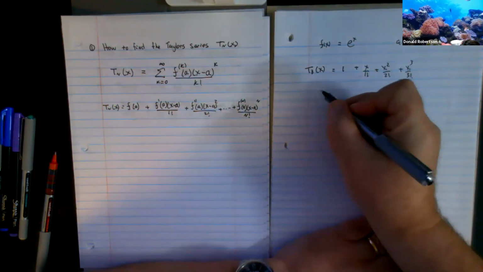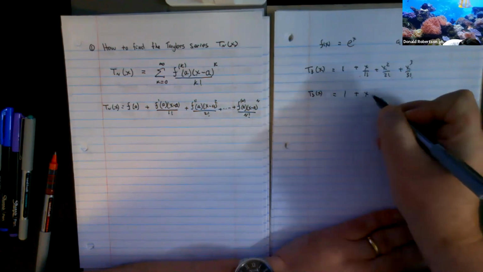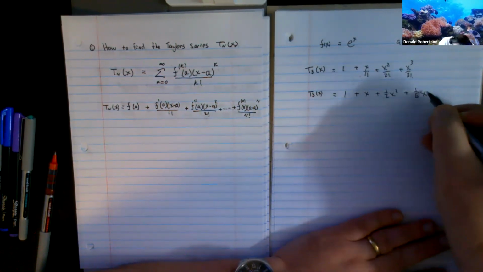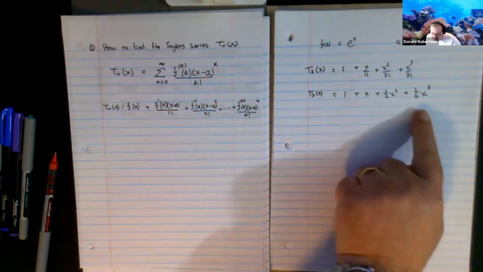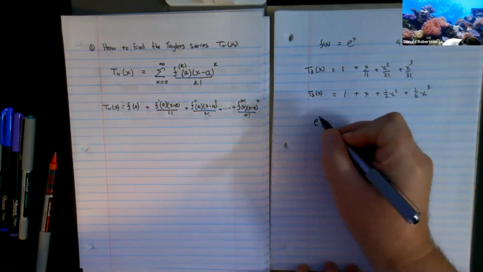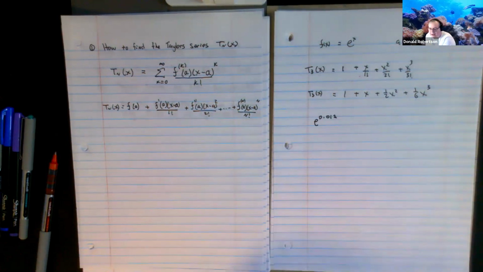Now I'm just tidying up a little bit. Right, 3 factorial is 6, right? 1 times 2 times 3. So that's the guy. Now, I would like to know what the answer to e to the power of 0.012 is.